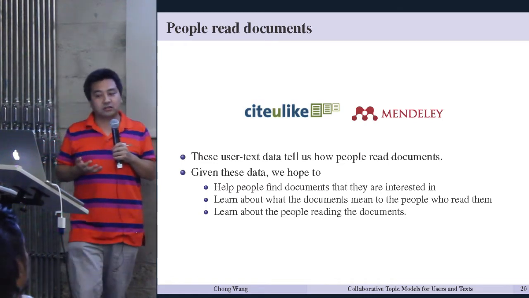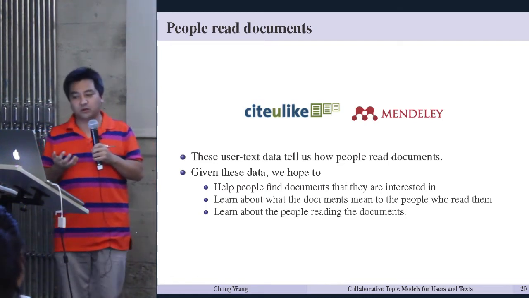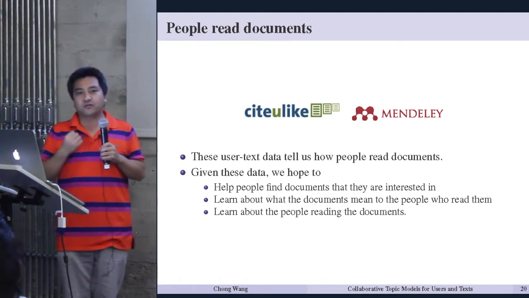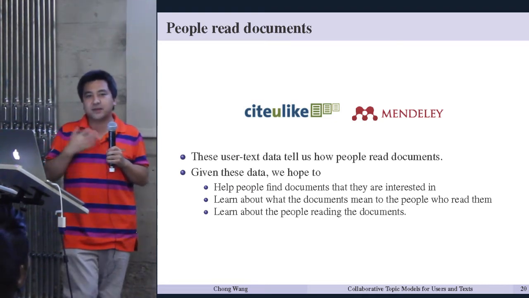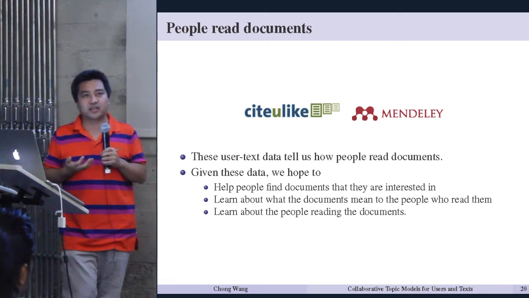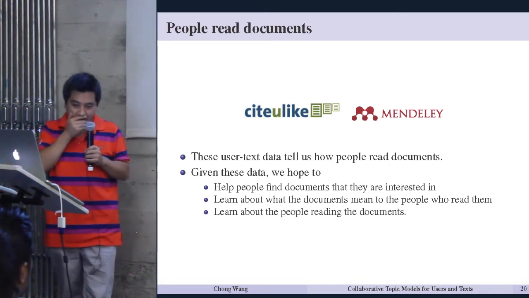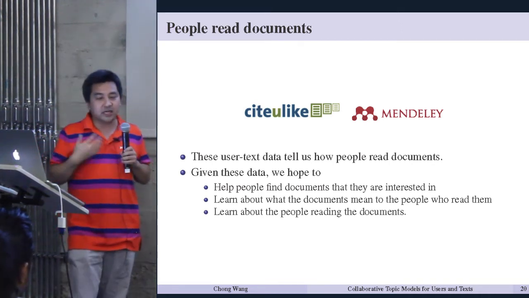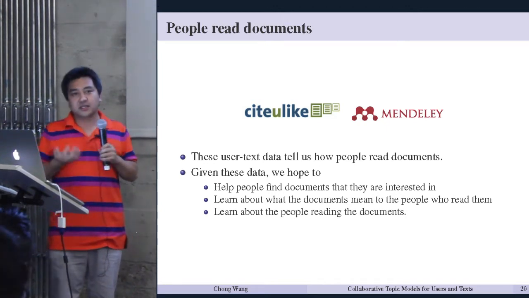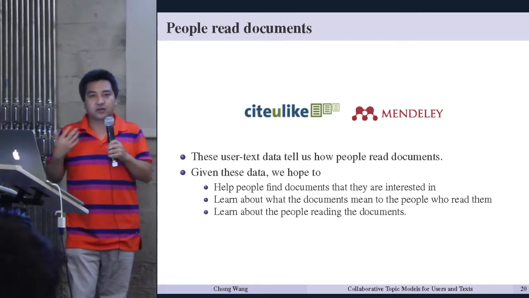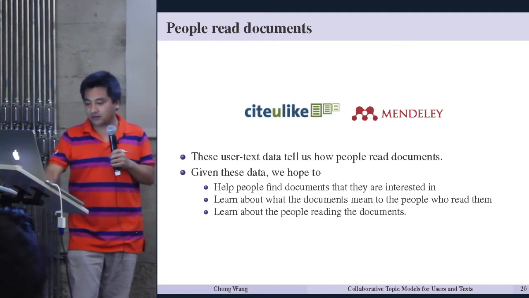We want to learn what documents mean to people who read them. For a document I read and the same document you read, maybe we get different things. We also want to learn the behavior of people reading documents, and then use these behaviors for recommendations, for example.